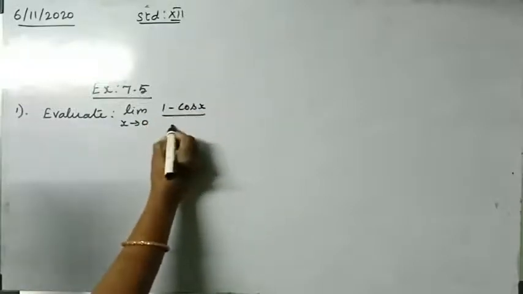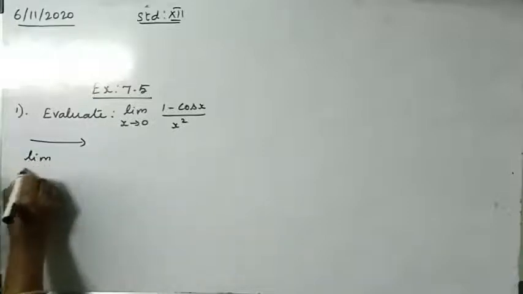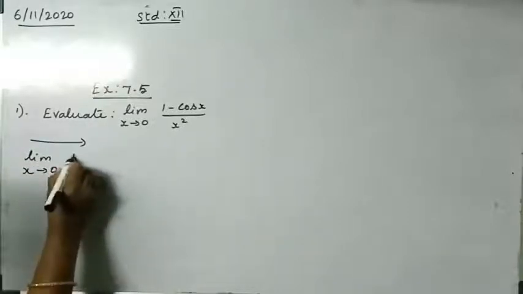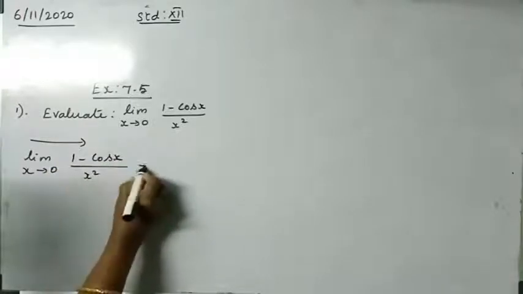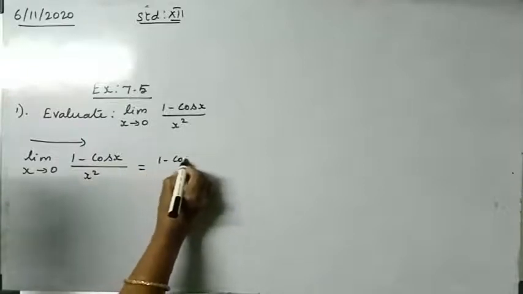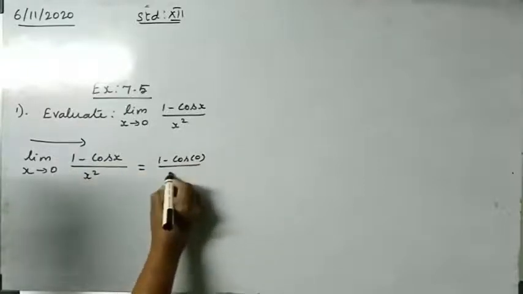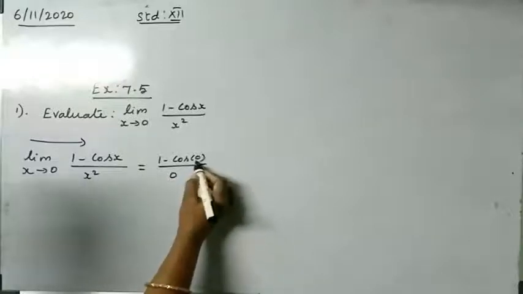divided by x square. Now first take the question, limit x tends to 0, 1 minus cos x divided by x square is equal to, if I substitute 0 here, 1 minus cos 0 divided by 0 square. So cos 0 is 1.